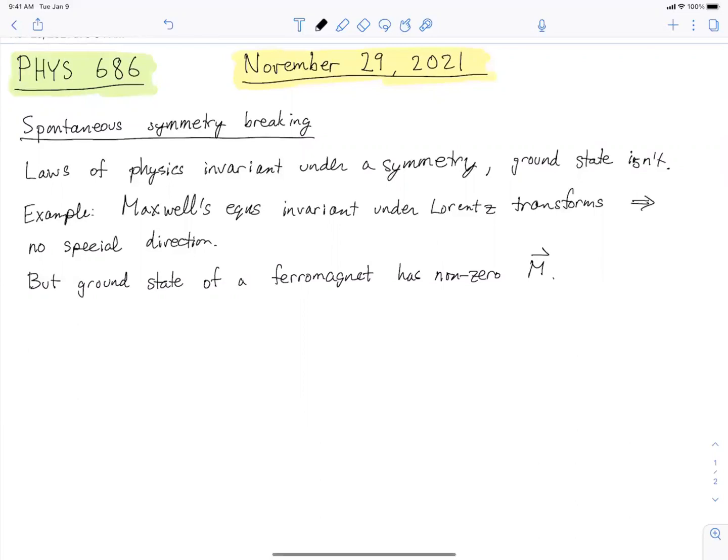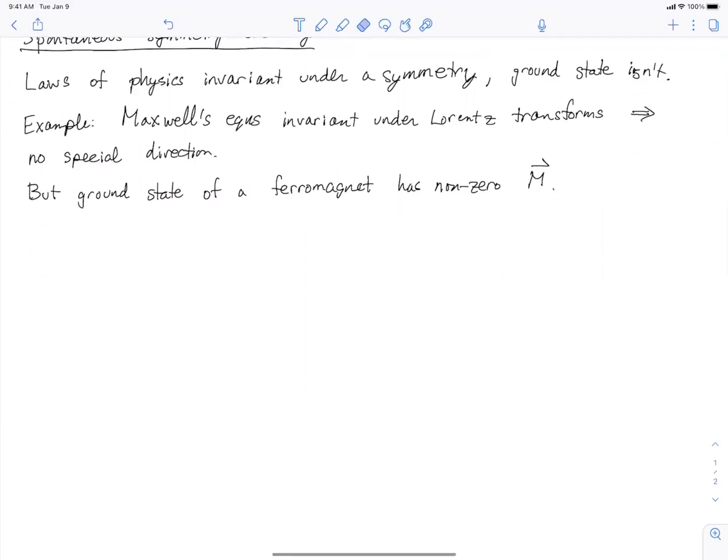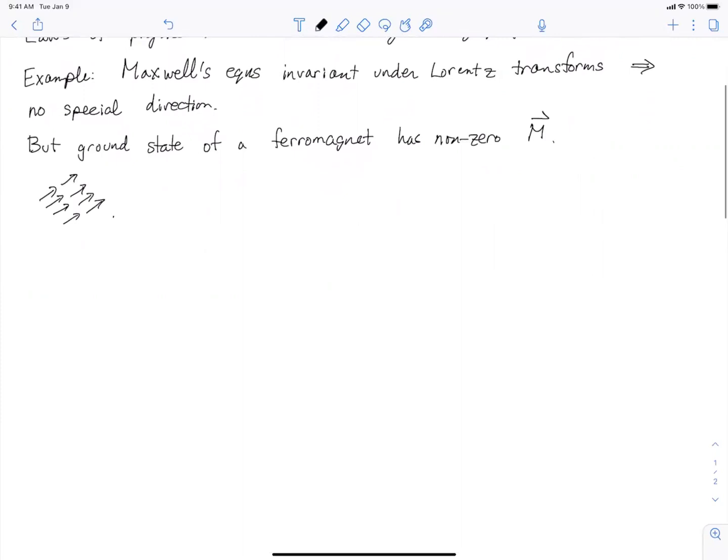Remember, magnetization is the dipole moment per unit volume. And so you could be living in a state where at every point there's some magnetization, all pointing in the same direction. And that would break the Lorentz symmetry because there is a special direction associated with it. So that's just one example of how spontaneous symmetry breaking could occur.